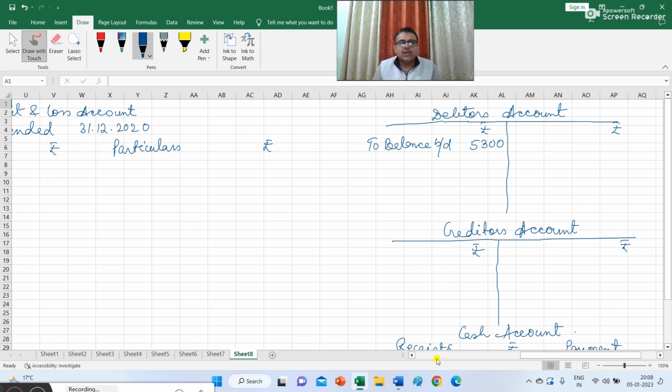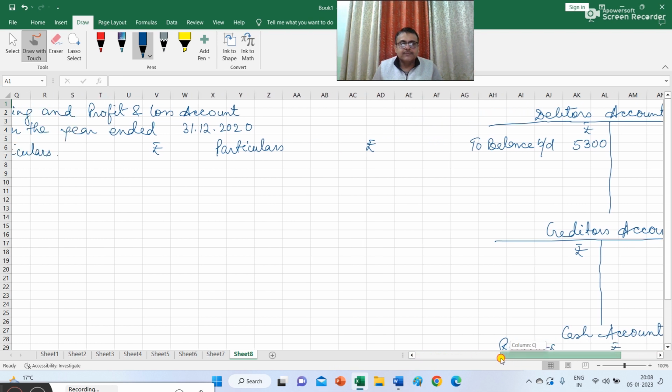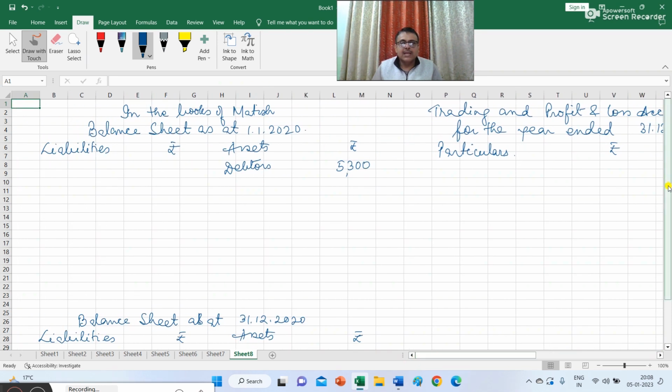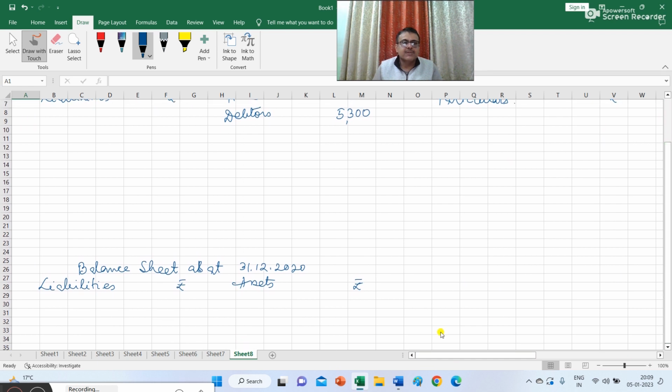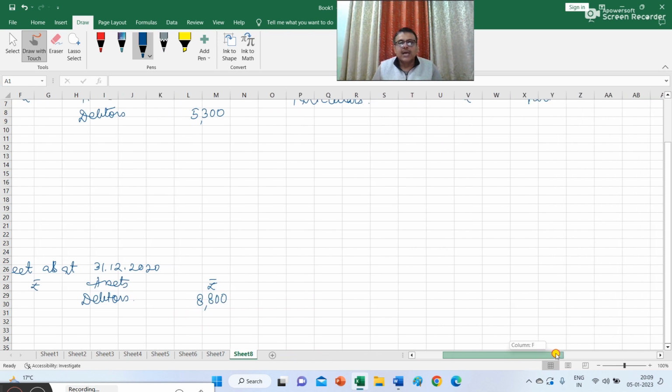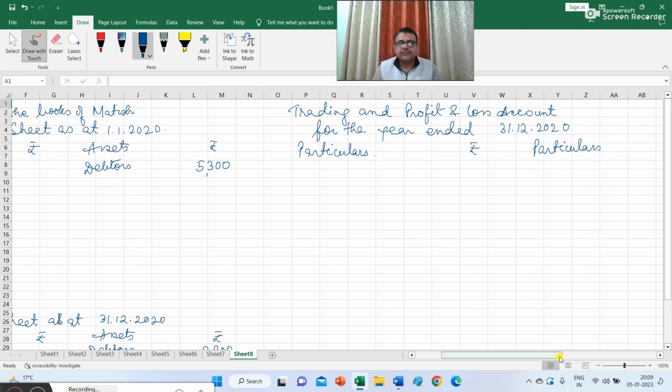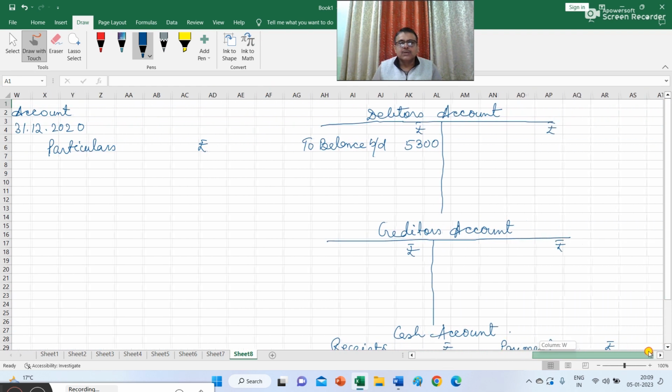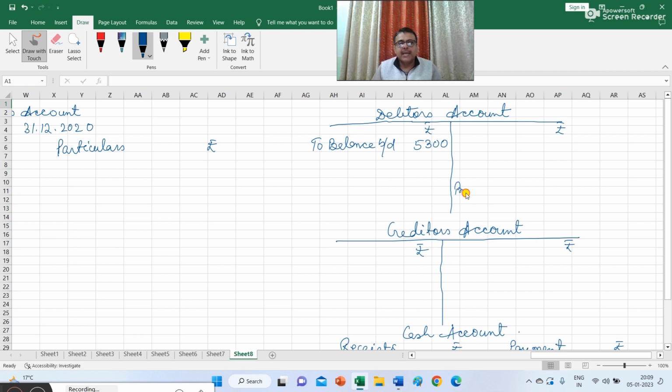Then we have the closing figure. The closing balance will be recorded in the closing balance sheet. So in the closing balance sheet, I am writing debtors rupees 8,800, and in the debtor ledger I have to write the closing balance. So here I am writing by balance CD 8,800.